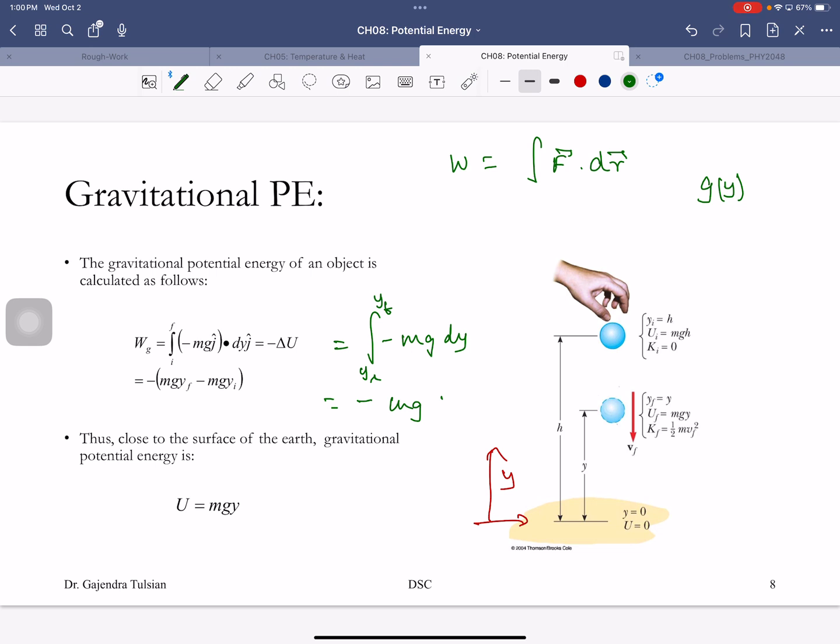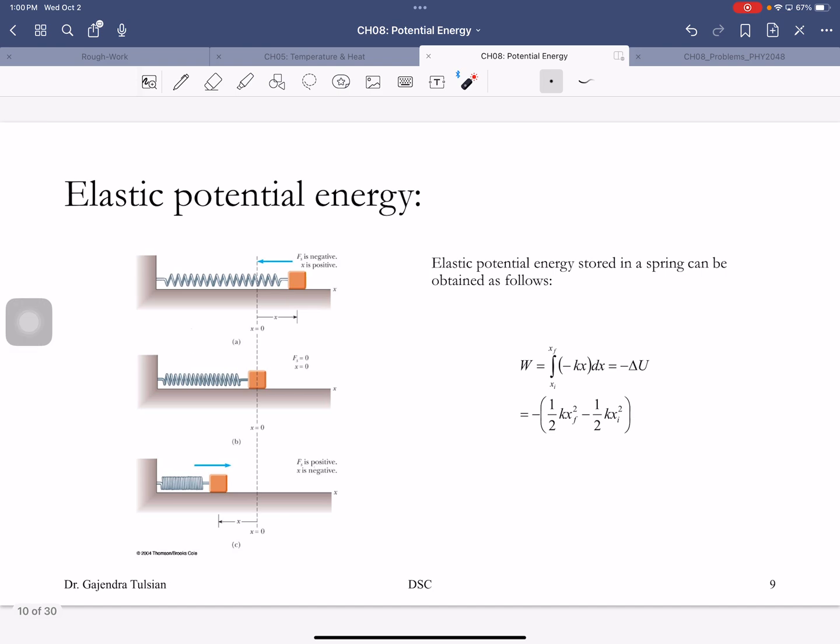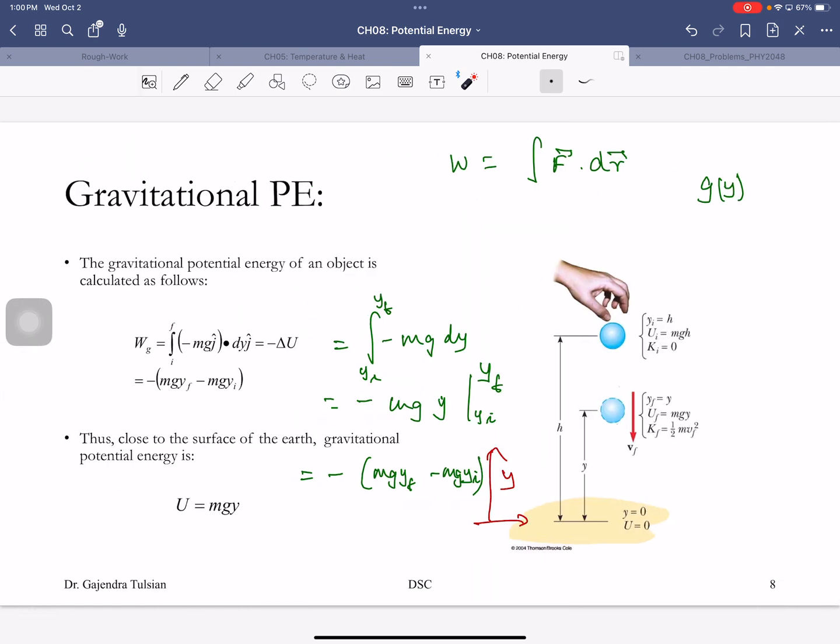So we are going to say g is constant. And so this is minus mg y final minus mg y initial. Okay. And there's the potential energy function. So what we have done here is just derive that, show you that the gravitational potential energy is given by mgy as long as g is constant.